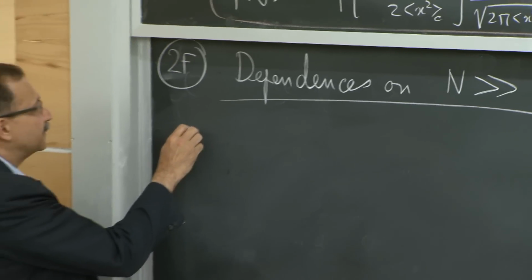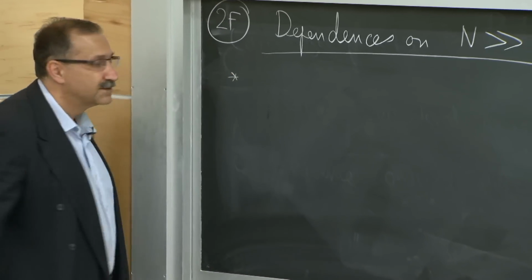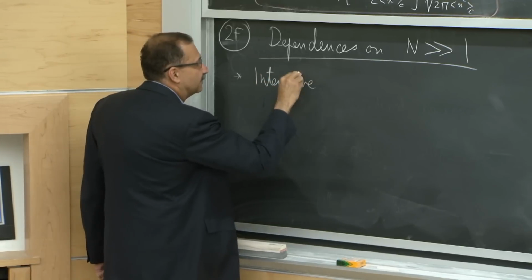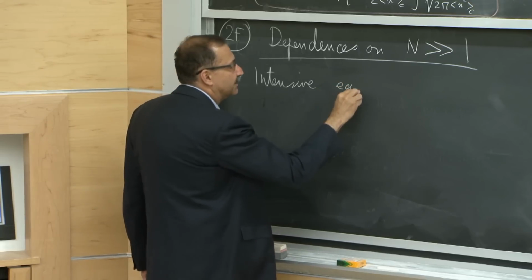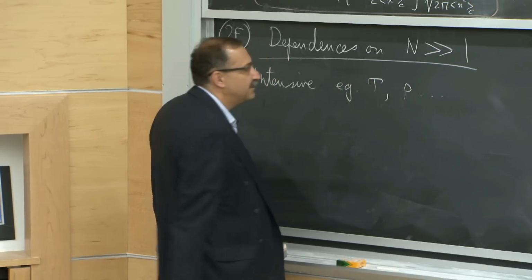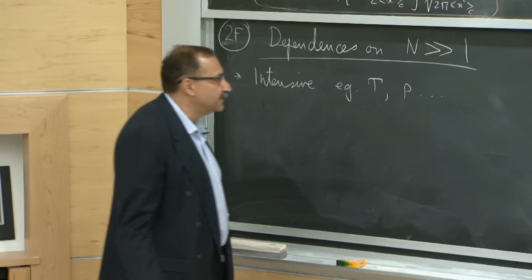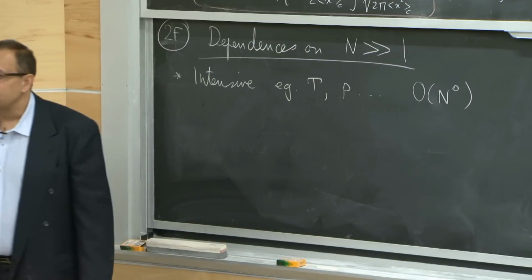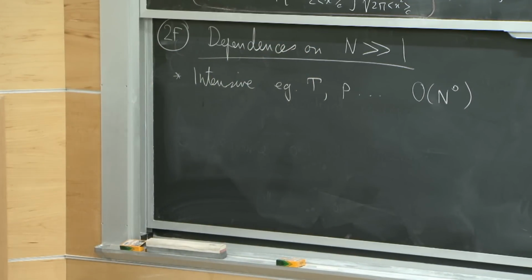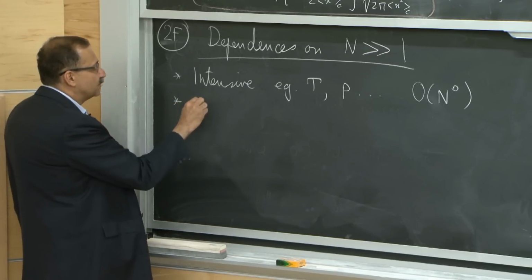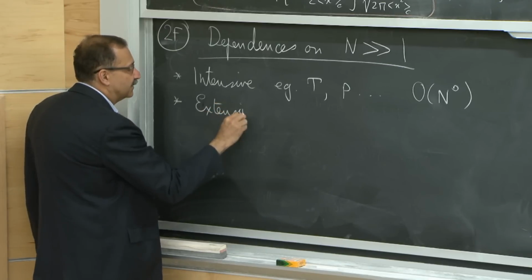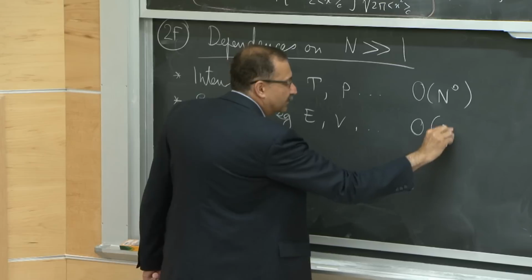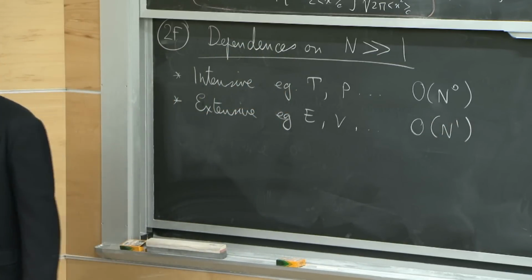Already we've spoken about intensive variables such as temperature, pressure, etc. Their characteristic is that if we express them in terms of, say, the number of constituents, they are independent of that number, as opposed to extensive quantities such as the energy or the volume, etc., that are proportional to it.